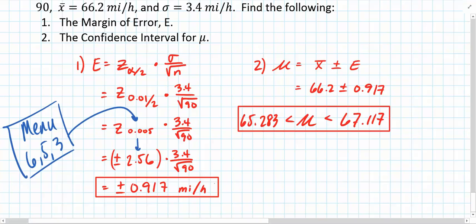When utilizing that margin of error, we now have a confidence interval to calculate.